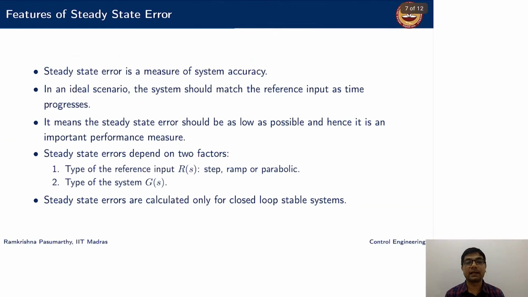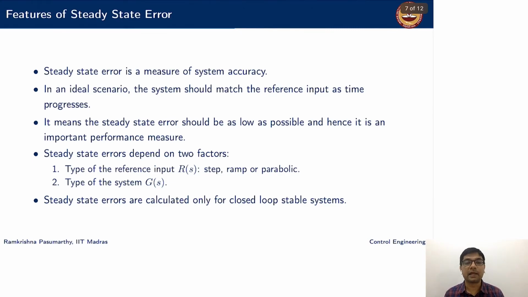A steady state error is a measure of a system's accuracy. If you look at a weighing machine, you stand on top of it, and if your weight is 65, it goes to 64.4. You might have a steady state error of 64.4 minus 65, which is 0.6.